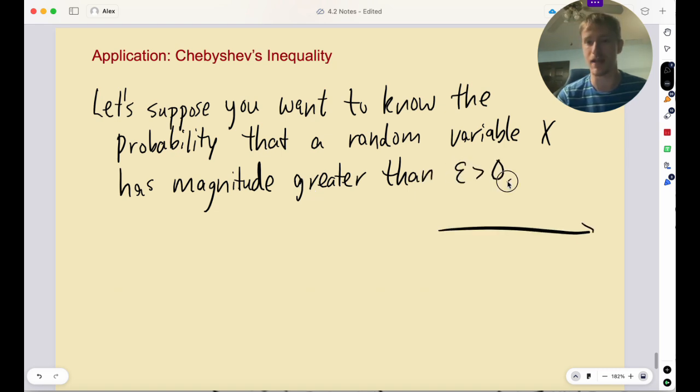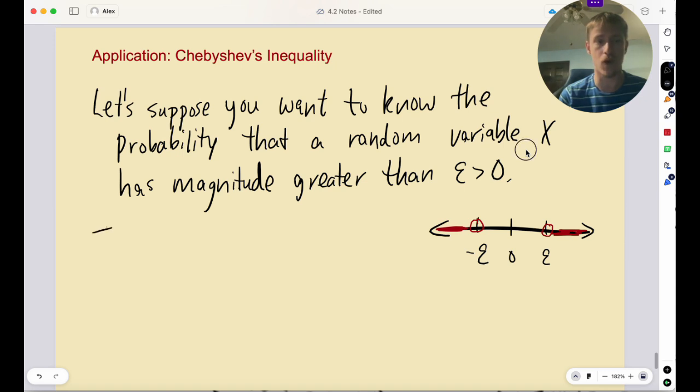So the idea is, maybe this is 0, and maybe this is epsilon, so this is minus epsilon. So we want to know the probability that the random variable lies somewhere in this region, either of those regions.